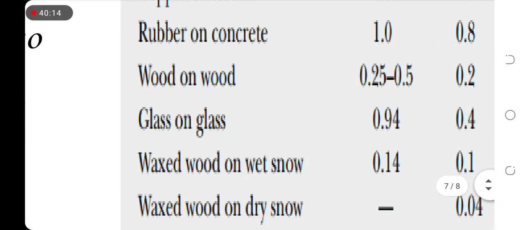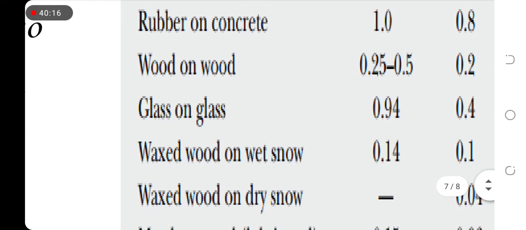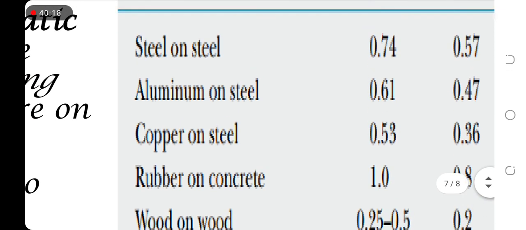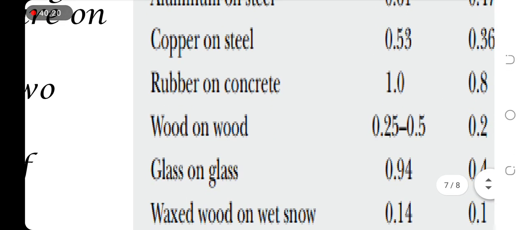Rubber on concrete, the static friction has increased.